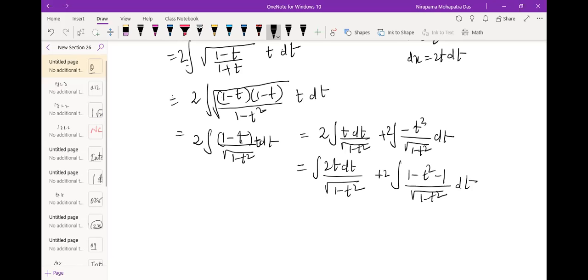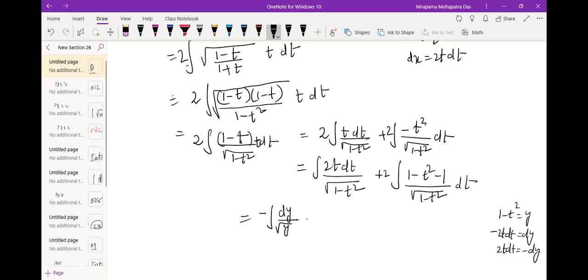For the first integral, if you put 1 minus t square equal to y, minus 2t dt equal to dy, so 2t dt equal to minus dy. So you can write minus dy by root y.